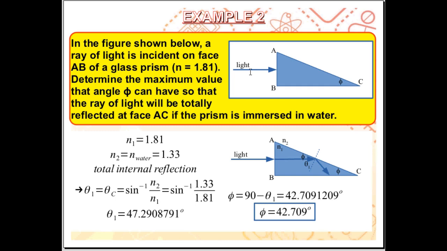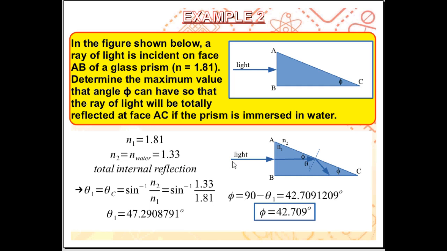So again, we have two media, the prism and then the surrounding water. We have N1 and N2. Let N1 be the prism, 1.81, and N2 be the water surrounding the prism. And we know the index of refraction of water to be 1.33.